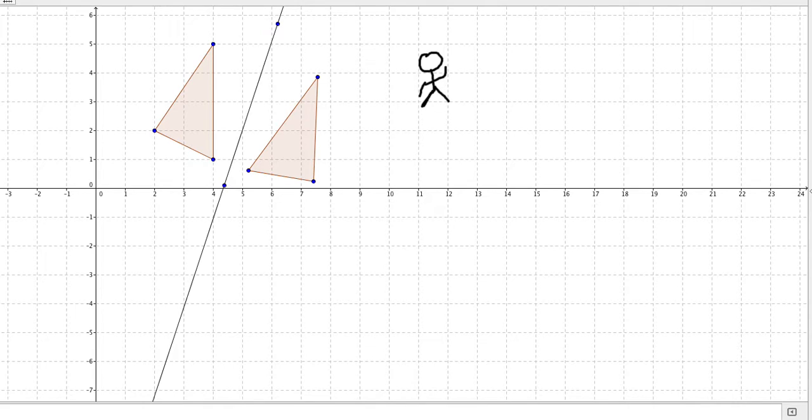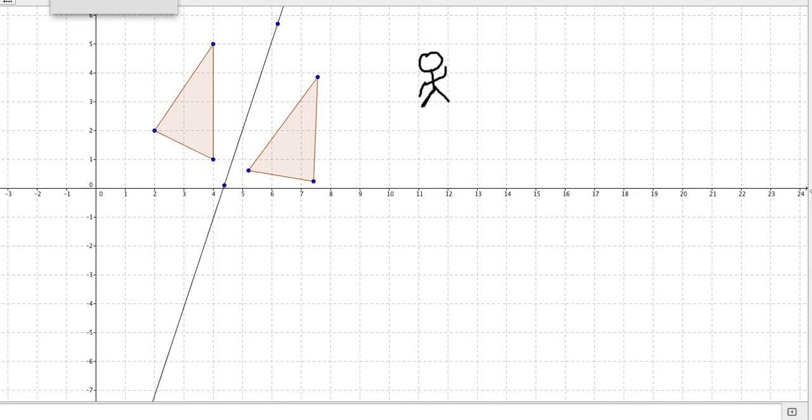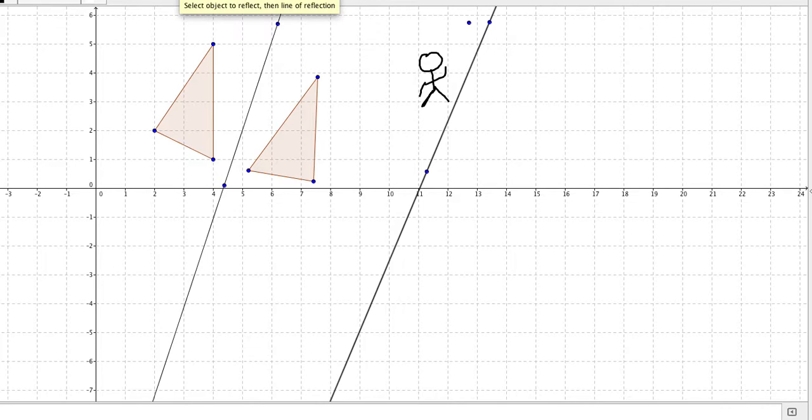Let's say this is the line that we want. Now that's a point, that's not a line. Let's say this is the line that we want right there. So we want the mirror image of this stick figure dude over that line.